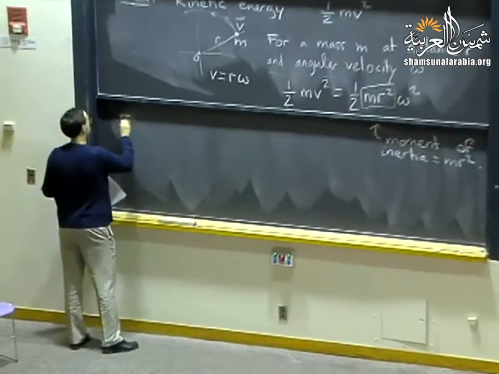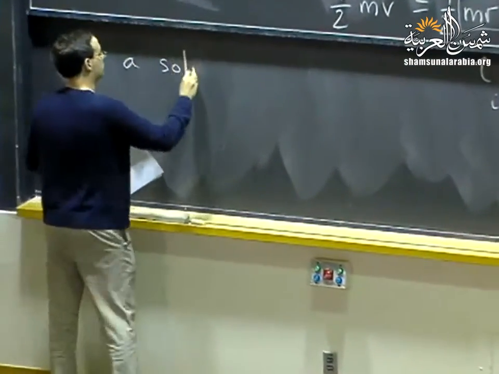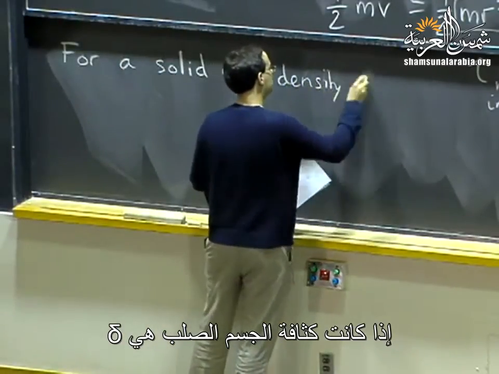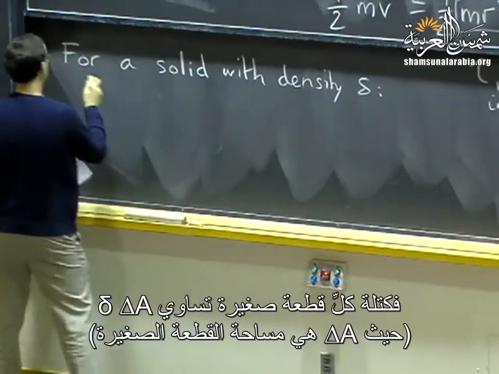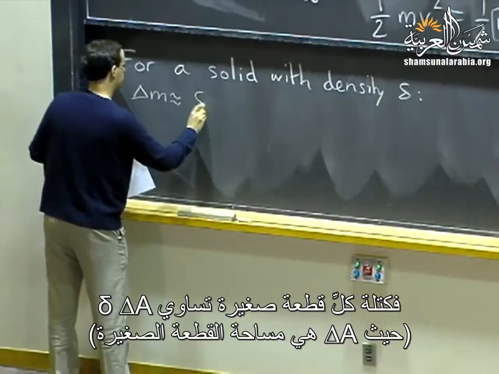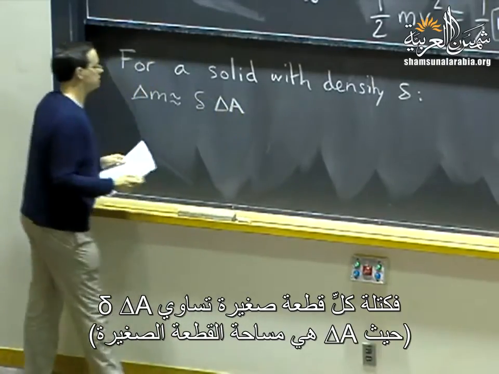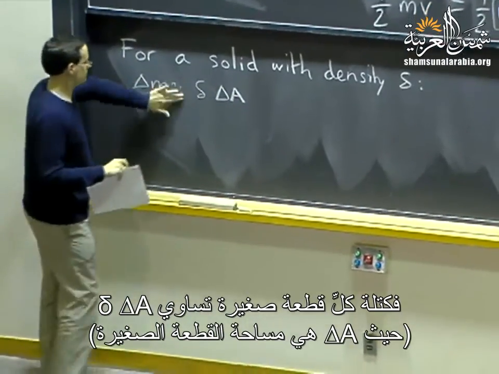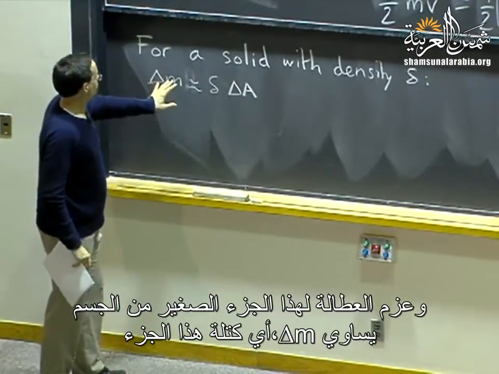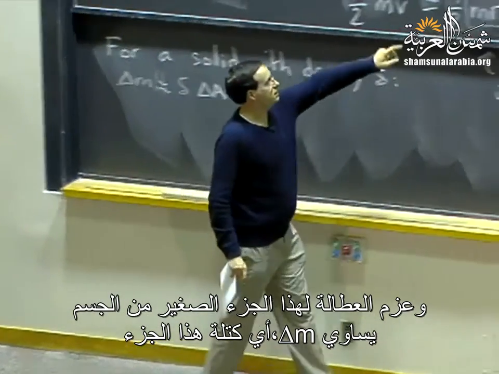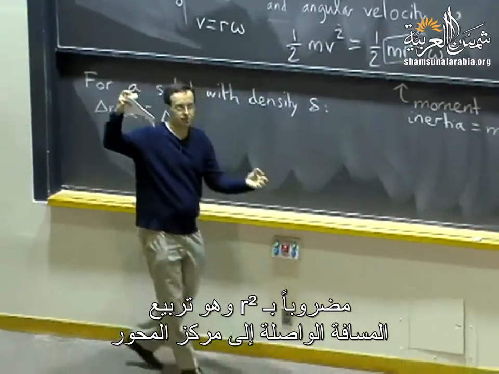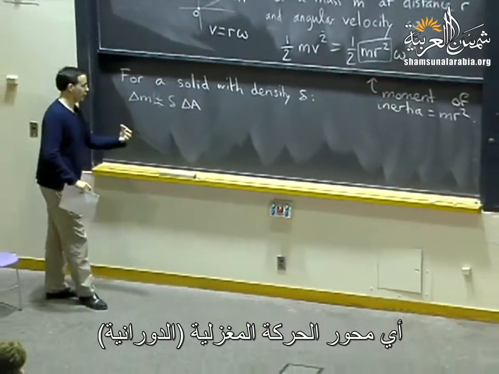For a solid with density delta, each little piece has mass, which is the density times the amount of area, delta a. And the moment of inertia of that small portion of the solid will be delta m, the small mass, times r squared, the square of the distance to the axis around which I'm spinning.